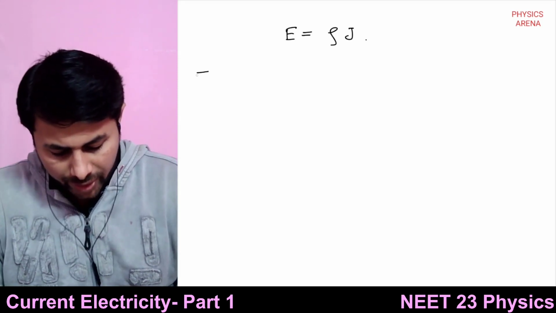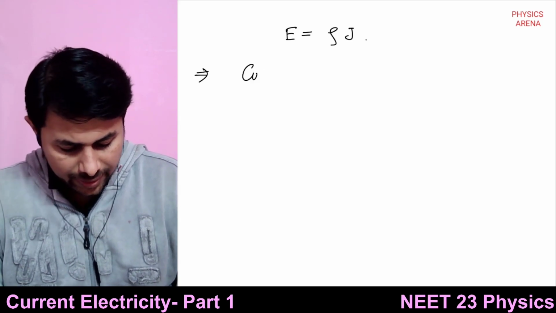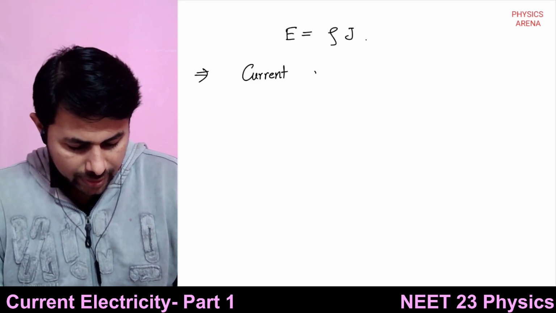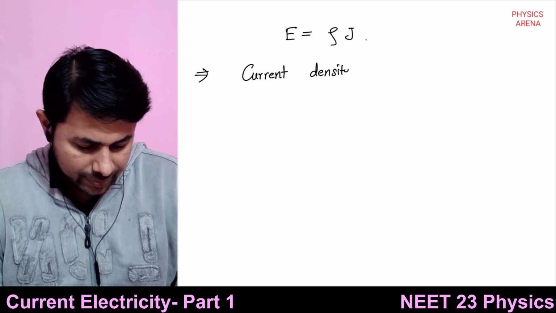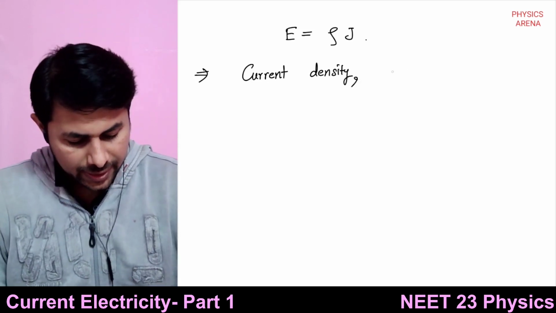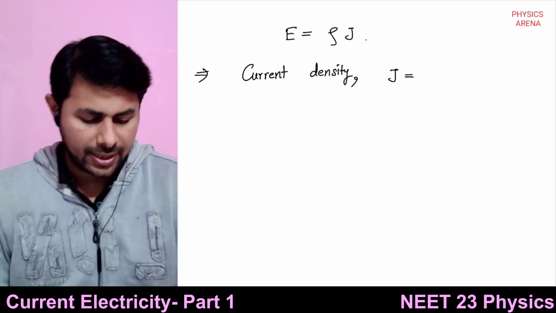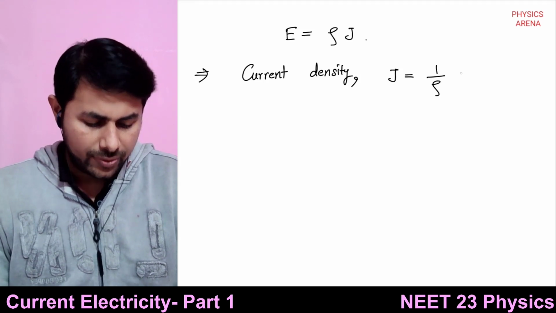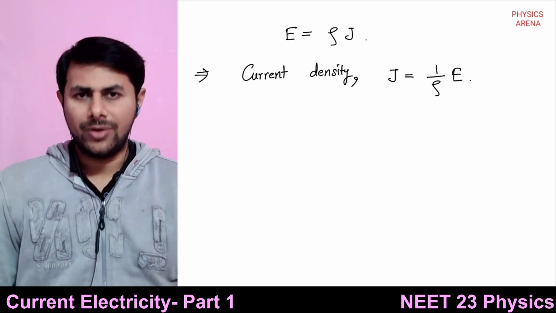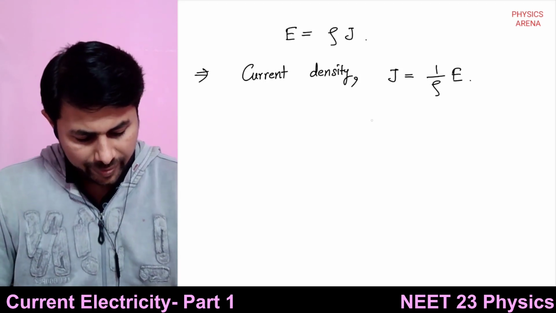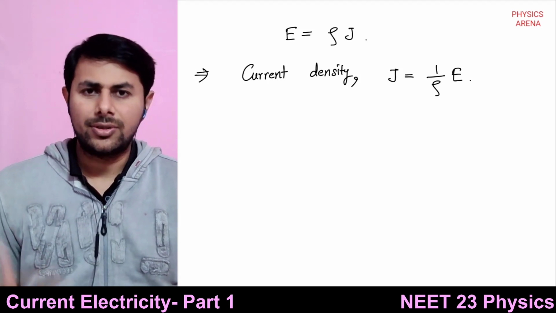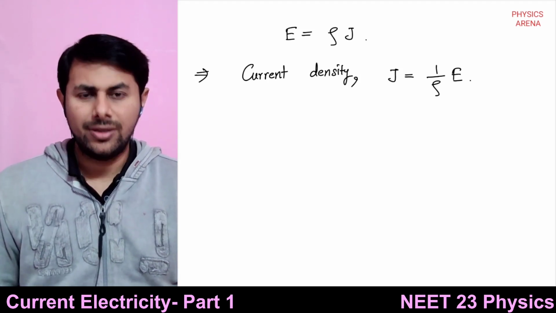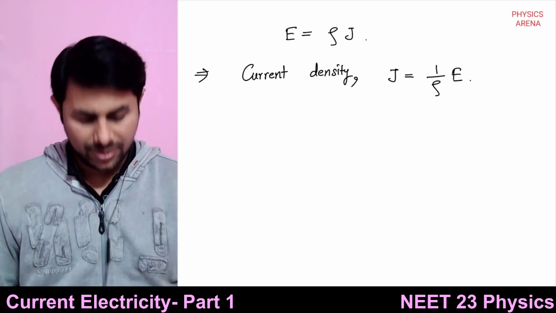Or if you want current density, then current density J is written as 1 upon rho multiplied by the electric field. And 1 upon rho, the reciprocal of resistivity, is known as conductivity.